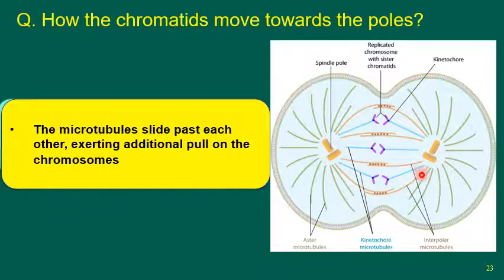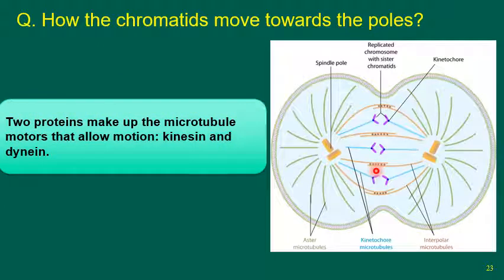The microtubules slide past each other, exerting additional pull on the chromosomes. يعني هنا الميكروتيوبيولز تتزحلق على بعضها البعض وتعطينا سحب إضافي للكروموسومات إلى القطبين.